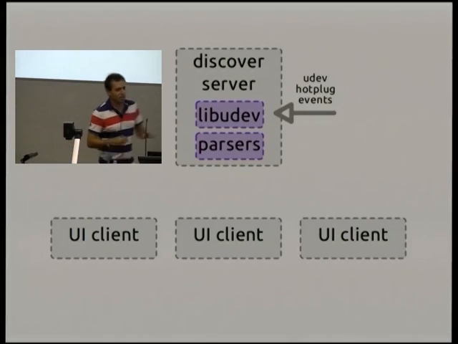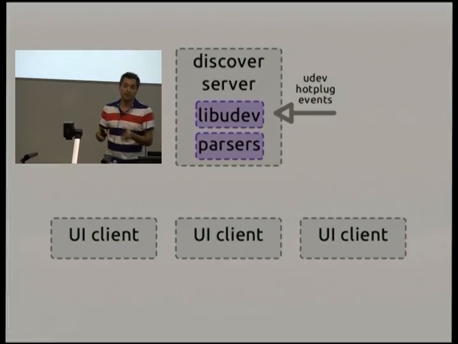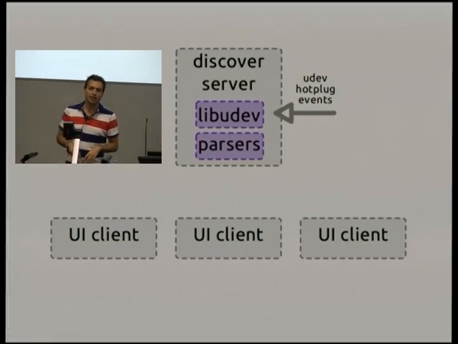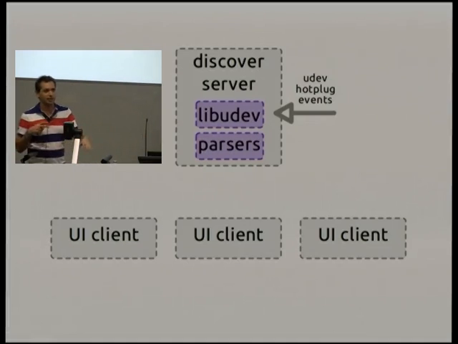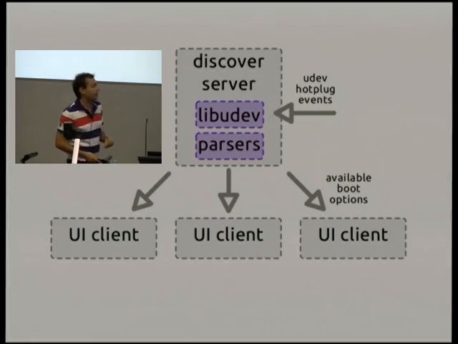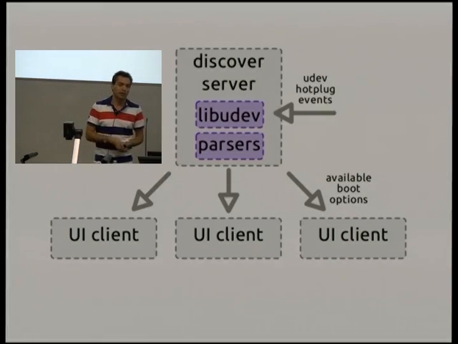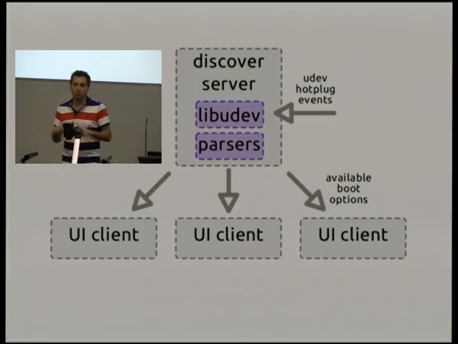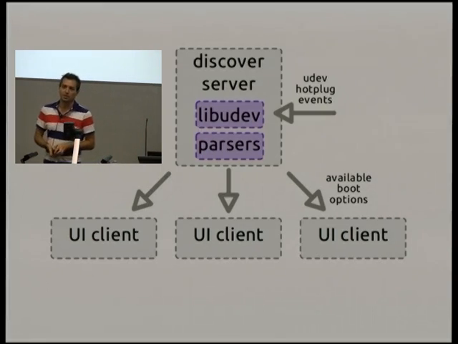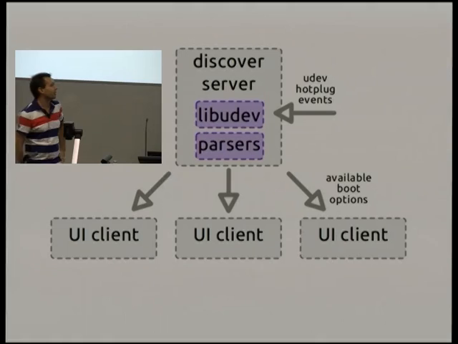The parsers are notified there's a new block device, go and find if there's a grub config on it, and then extract the boot options from that grub config. Anything that it does find, it then passes on to the UI client, saying here are the available boot options, and as they come in, those UIs will hopefully update a list on the screen so you can see what's now available to boot from.